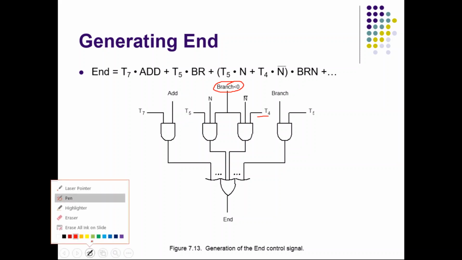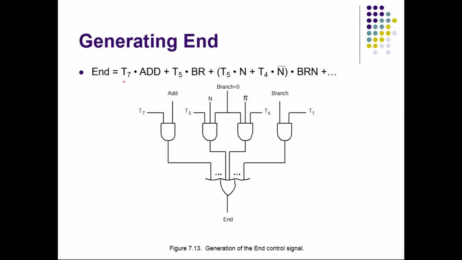This can be written as: T7 into add, T5 into BR plus T5 into n, T4 into n dash plus branch on negative. Branch on negative means if n is 1 it will branch, if n is 0 it won't branch.